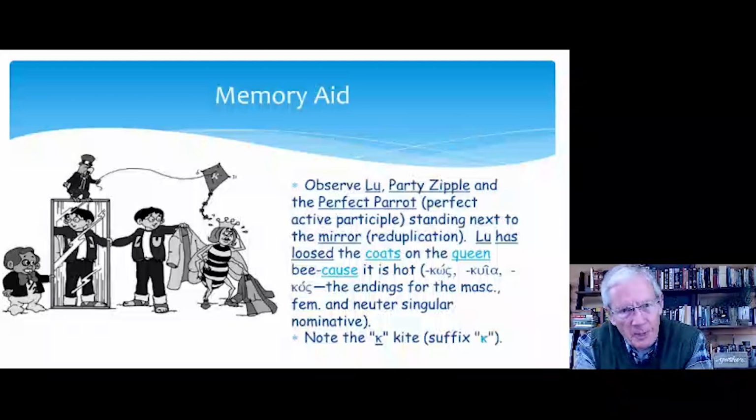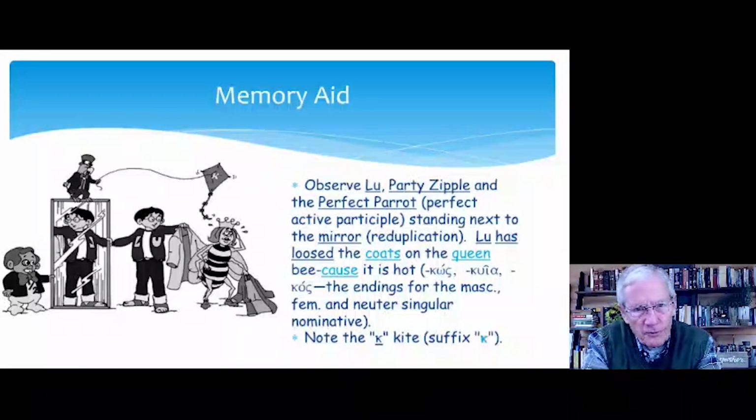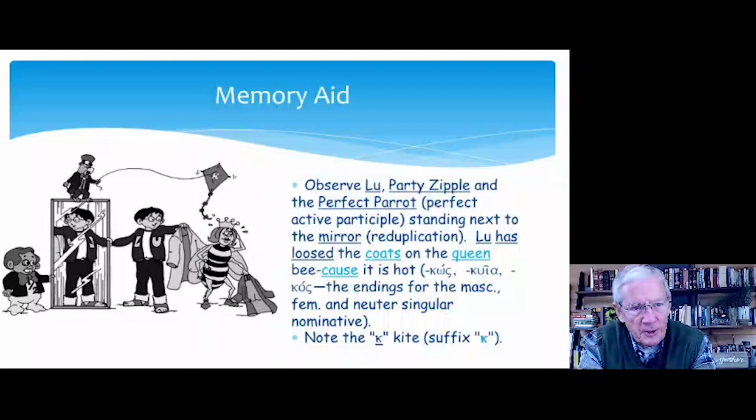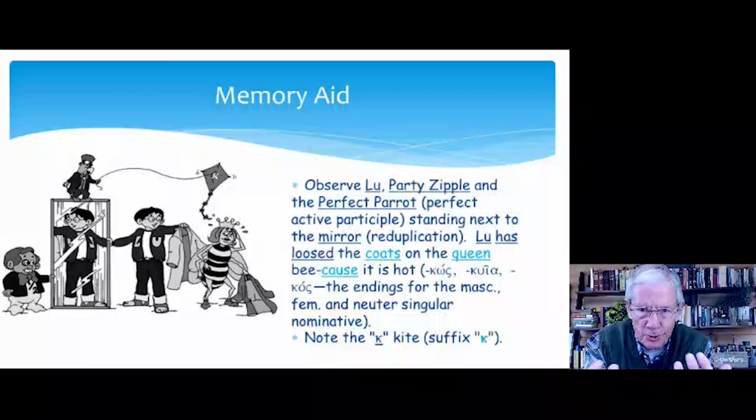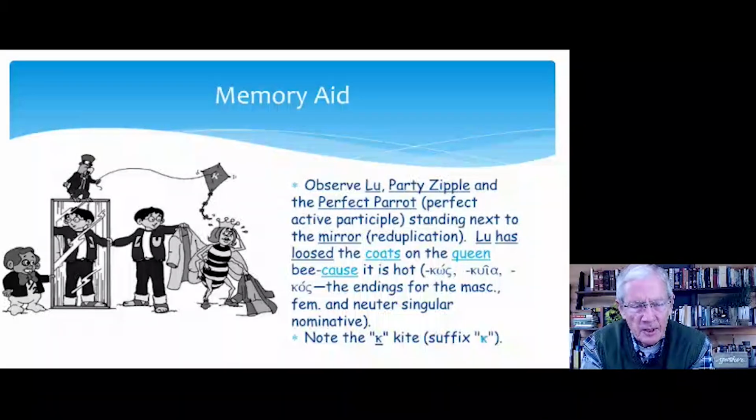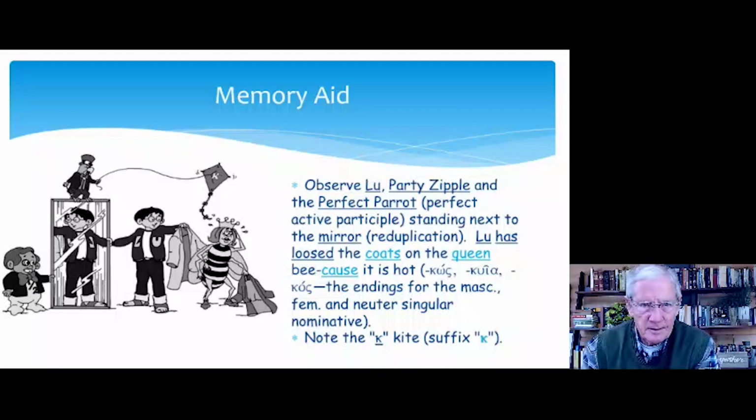All right, our memory aid here. Observe Lou, the participle, and the perfect parrot all together in a picture, standing next to the mirror for reduplication. Lou has loosed the coats on the queen bee 'cause it's hot.